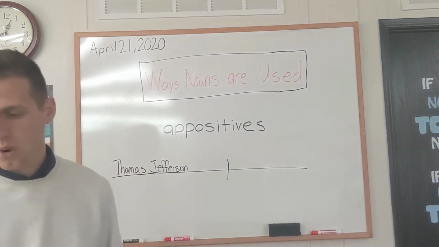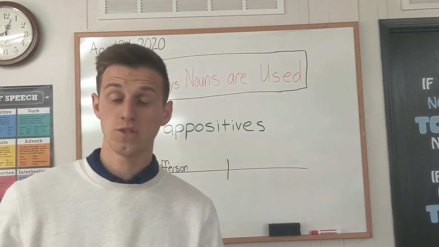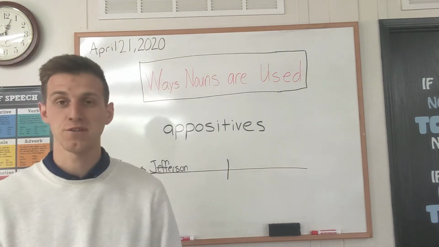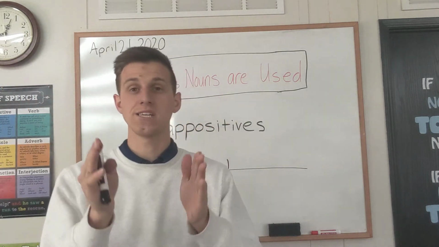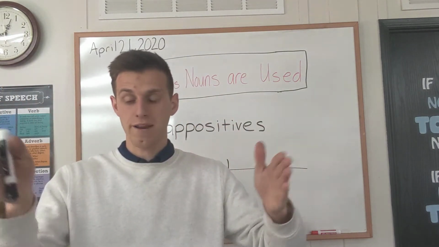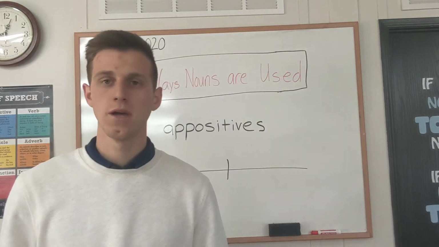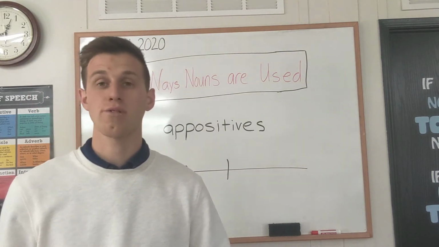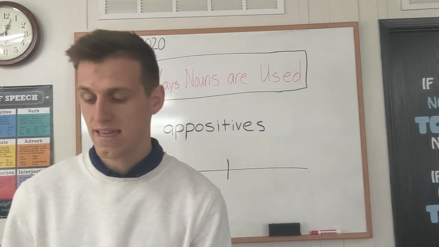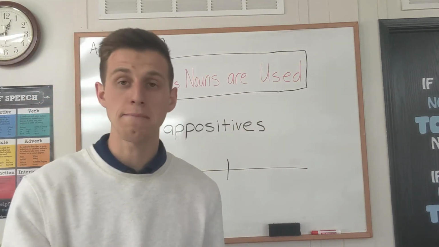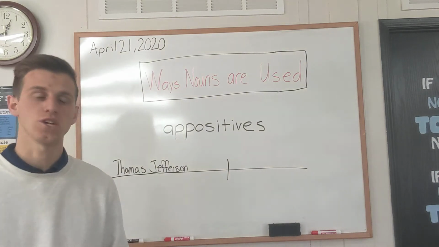And then sometimes, notice it says sometimes it can come as an appositive phrase. So remember, an appositive phrase is our appositive with all of its modifiers, which would be the author of the Declaration of Independence. But notice that author is the noun within that appositive phrase that is renaming what Thomas Jefferson is. He's an author.